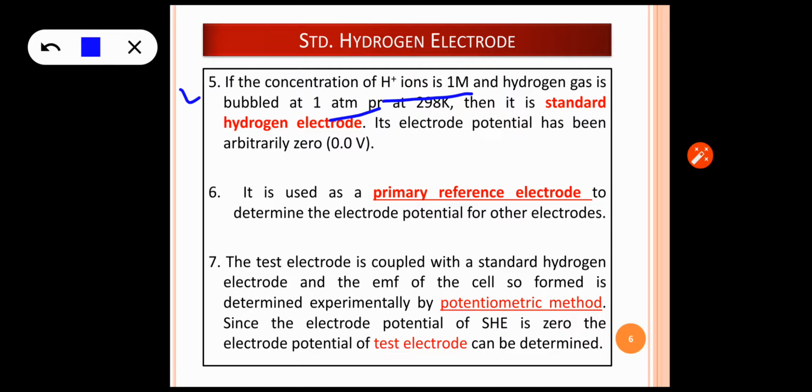So in the examination if they ask what is a standard hydrogen electrode, you can define: if the concentration of H plus ion is 1 molar and hydrogen gas is bubbled at 1 atmospheric pressure at 298 Kelvin, then it is standard hydrogen electrode and its electrode potential has been arbitrarily taken as 0. And standard hydrogen electrode is used as primary reference electrode to determine the electrode potential for other electrodes.